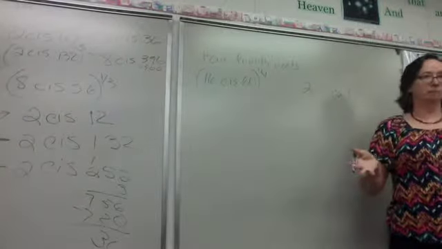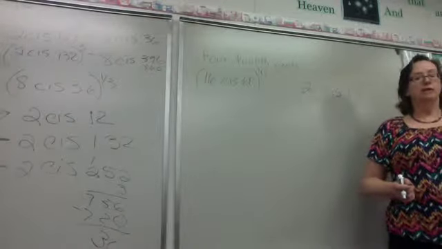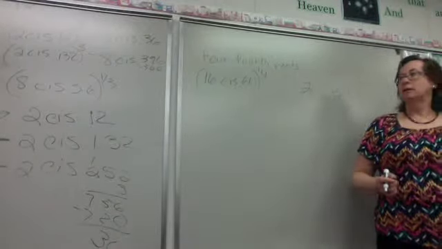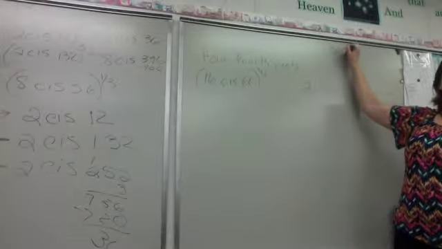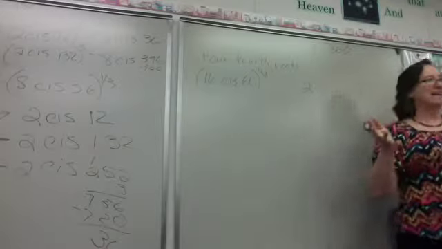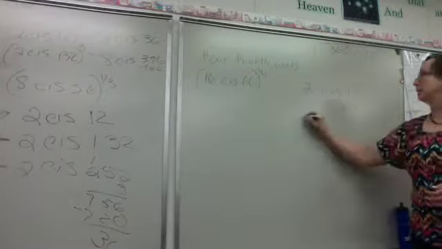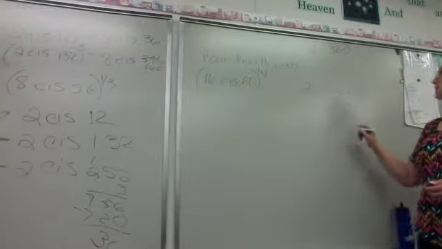So that's the first one. Okay? How many are we looking for? 4. So what's our next step? Take 360, divide it by 4, and what do I get? 90. So I'm going to add 90 to this one, right? And I'm going to get 2 cis.